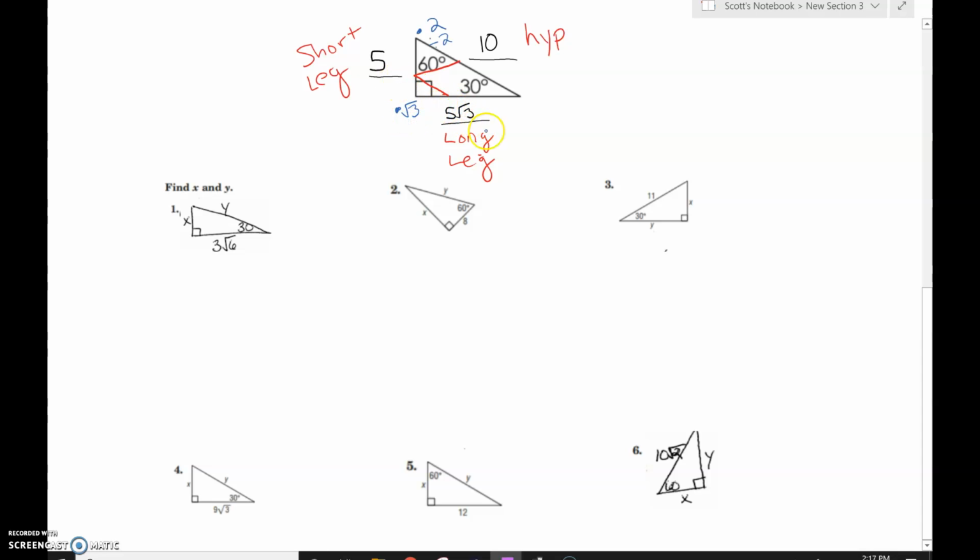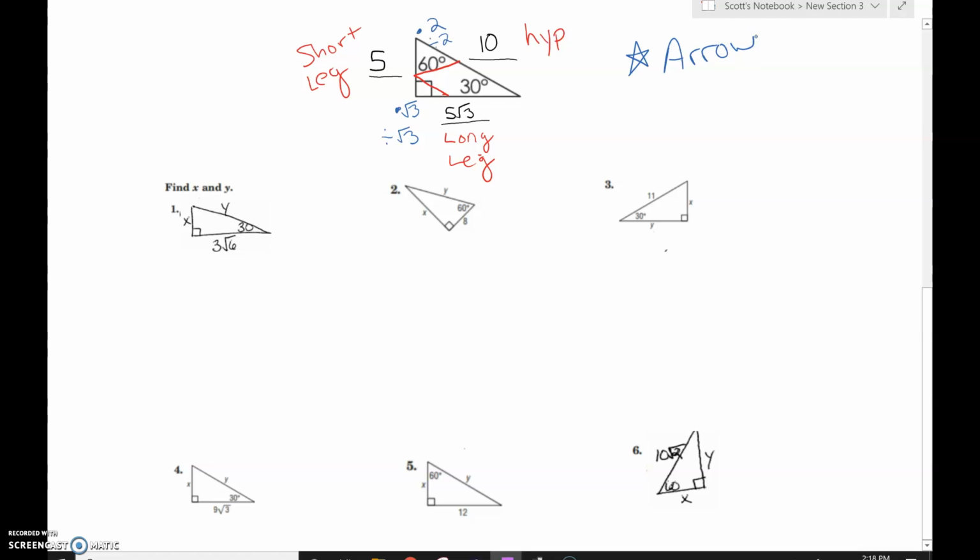Or if I go backwards, I'd go from about 8.67 to 5, so I'd have to divide by the square root of 3. It always depends on the location. So first step for all these is draw your arrow. Kind of gives you your bearings.